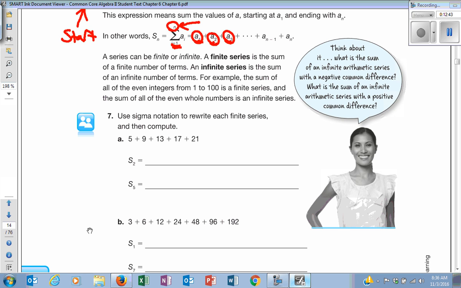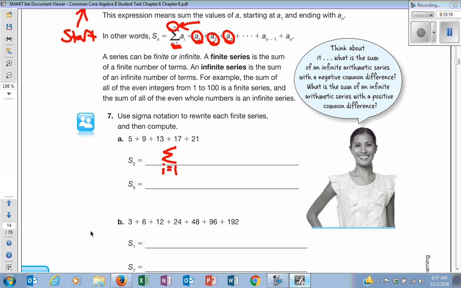Use sigma notation to rewrite each of the finite series and then compute it. Okay? So if I was going to do this, sigma notation would say, here's what I need plugged in. Where am I starting at? i is going to be the first one still. And where am I going to end at?